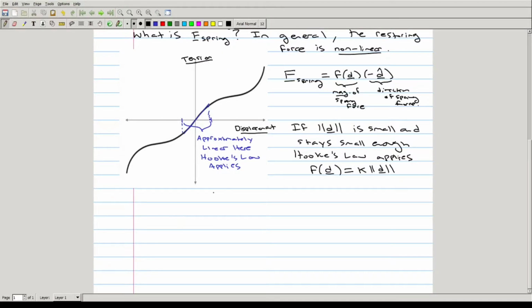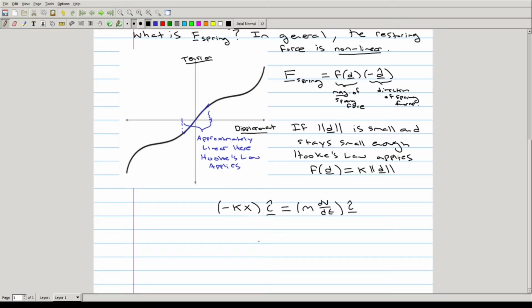But if we assume that it is small enough and Hooke's law does apply, then from Newton's second law, we get that the spring force is, in our notation, negative k times x i hat. The i hat is the x direction. And this is going to be equal to m times dv dt i hat.